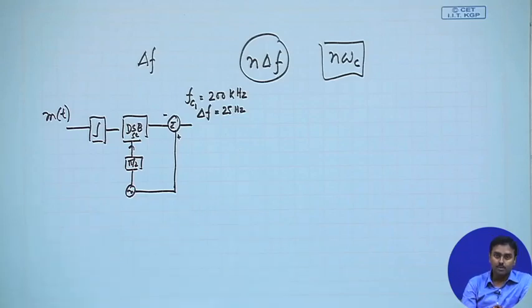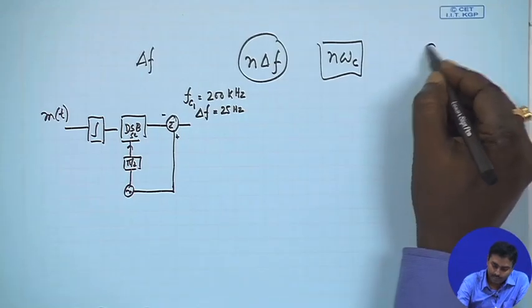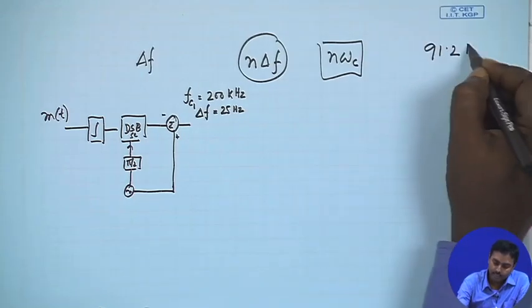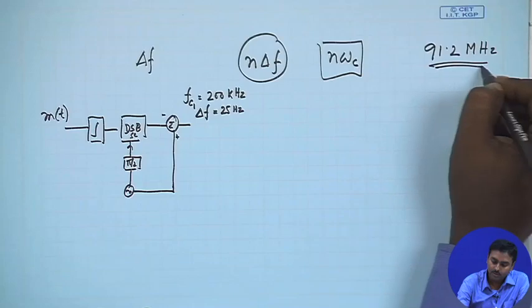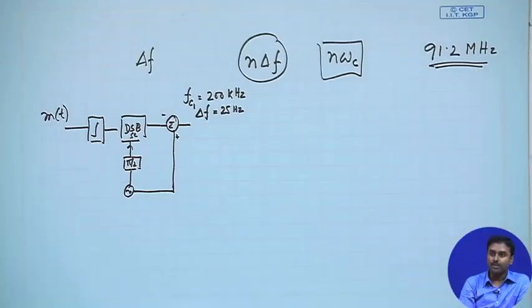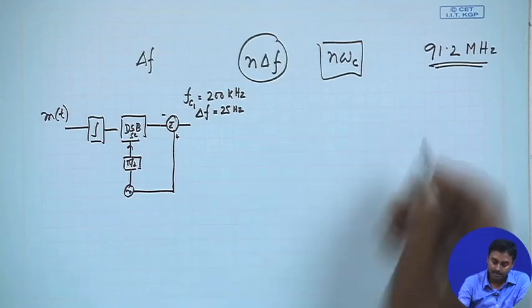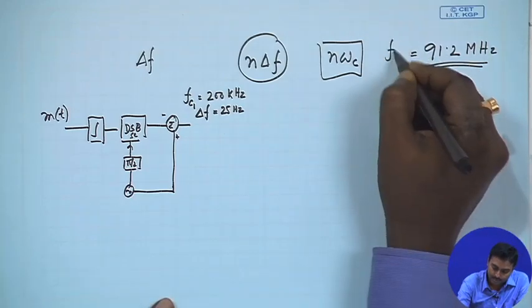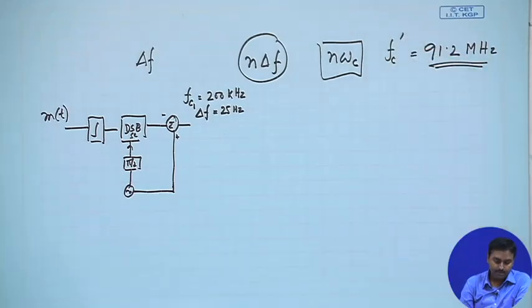Suppose I want to generate an FM signal at frequency 91.2 megahertz. So, this is something you are used to, 91.2 FM. Okay. That is where I wish to put my signal, and the del f at that frequency also is specified. Let us call that some fc dash, okay.